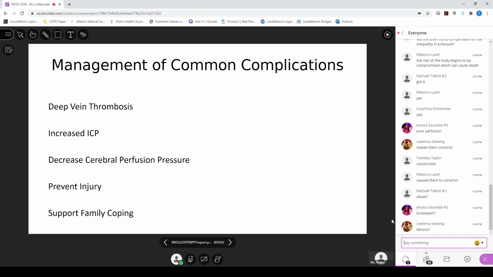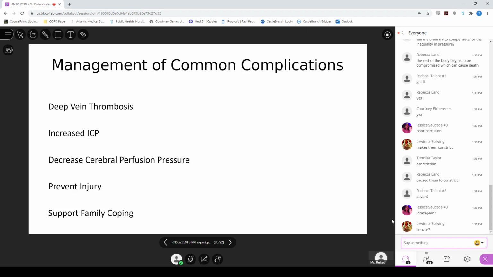Benzodiazepines. So Ativan and Versed are frequently used, but they cause prolonged sedation, so it's really difficult to bring them out to do a neurological assessment because the life of the sedation is so long. They are used. Just know whenever you get ready to do a neurological assessment, you need to take into account that the patient could be on them.